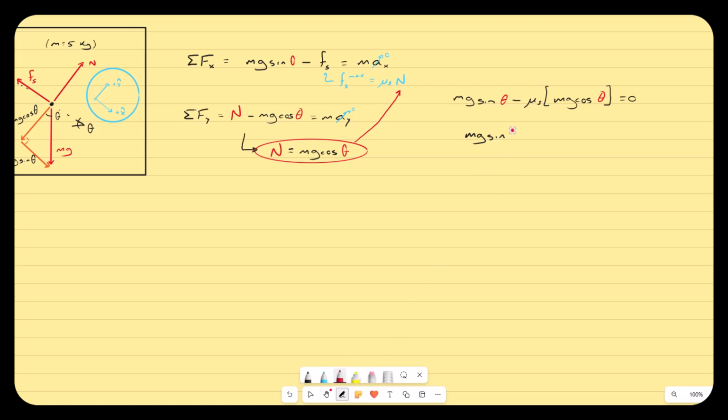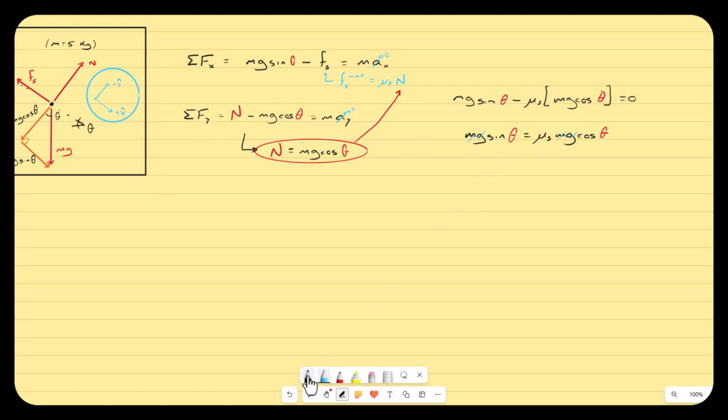Mg sine theta will be mu mg cosine theta. I want to get all the thetas together on one side, all the non-thetas on the other. Before I even do that, I'm going to cancel an m and a g. And that's interesting enough. That tells me that it doesn't matter what mass I put on this incline. If I put a 5 kilogram block or if I put a 150 kilogram block, I'm going to get the same answer.